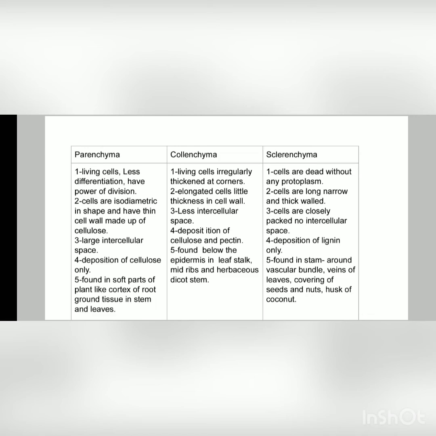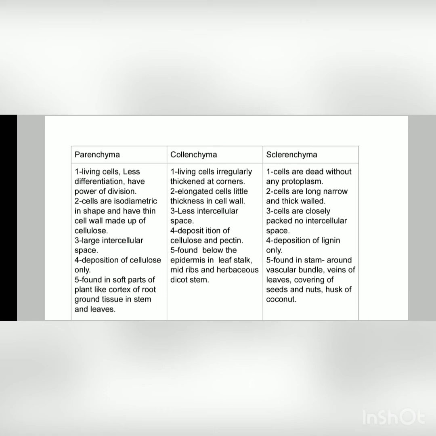Then the third one is parenchymatous cells have large intercellular space and in collenchyma less intercellular space. And in sclerenchyma, cells are closely packed and they do not have any intercellular space. The fourth difference is the deposition.